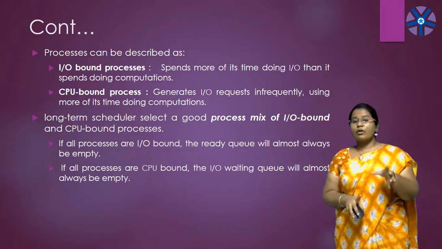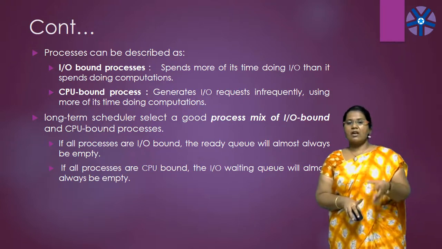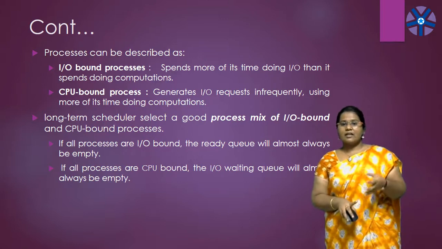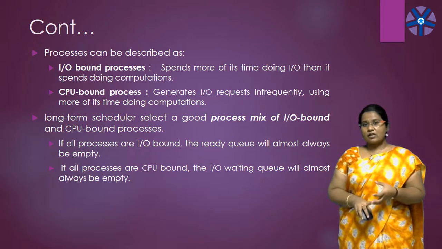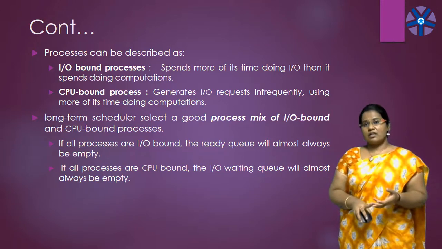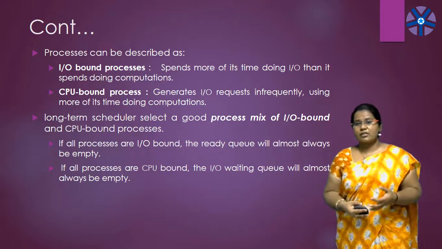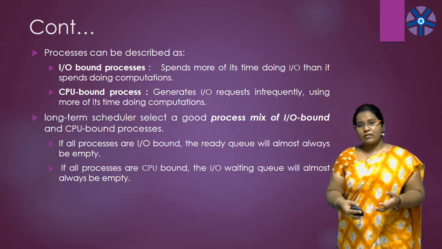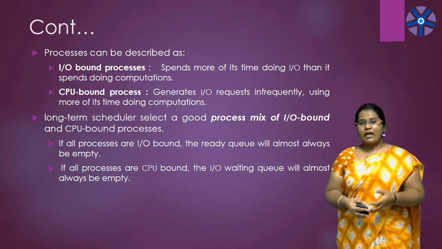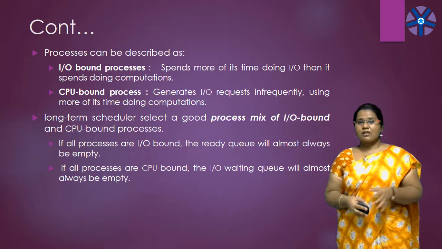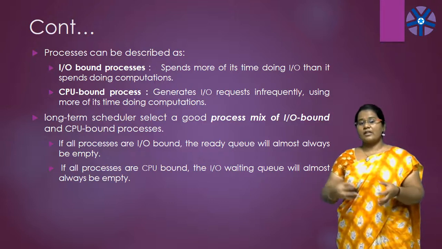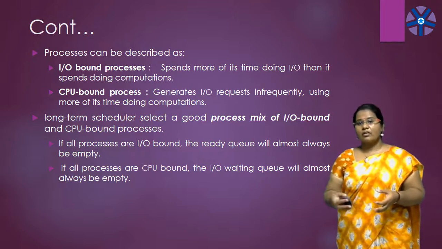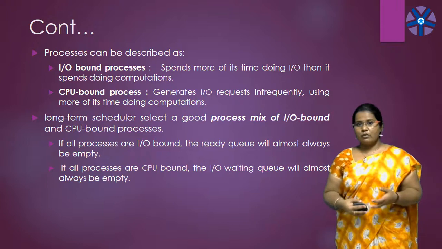A process with more input-output operations is called an IO bound process. A process with fewer IO instructions and more computational instructions, more calculations, is called a CPU bound process. The CPU bound process need not leave the CPU frequently to take IO requests.